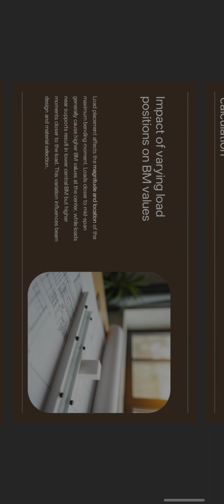Moving load. Bending moment varies continuously with load position. Maximum bending moment occurs when the load is positioned such that it produces the largest lever arm about the section, and influence lines are used to determine maximum bending moment at a given section for moving loads.